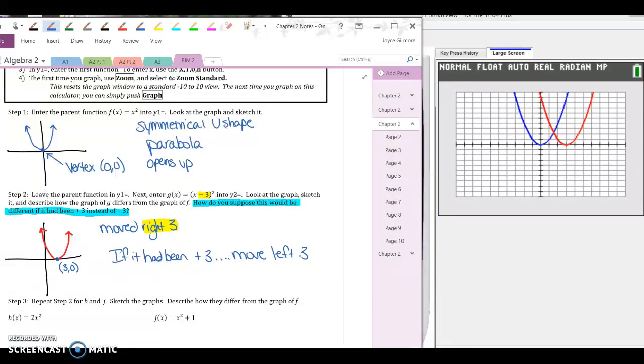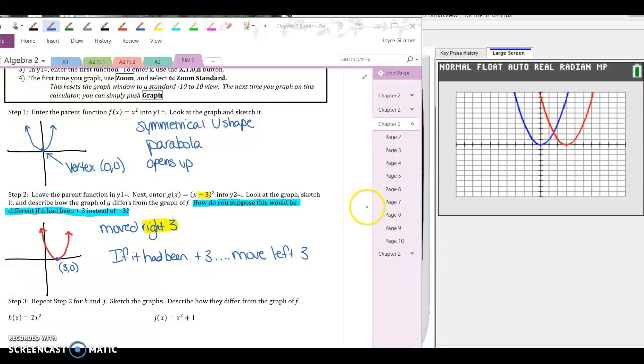Do you remember doing this with absolute value functions? Anything inside the bars with the x was backwards and it moved the graph side to side, the reverse of what you would expect. So anything inside those parentheses is going to move the graph side to side. Minus will move it to the right, plus will move it to the left.